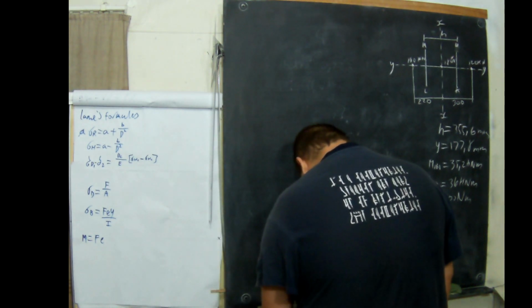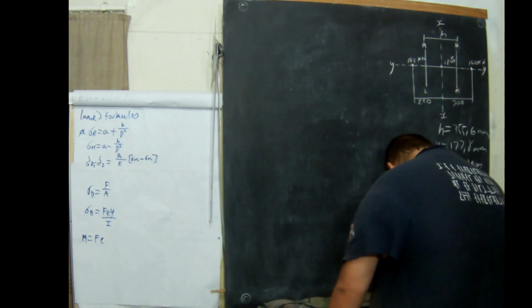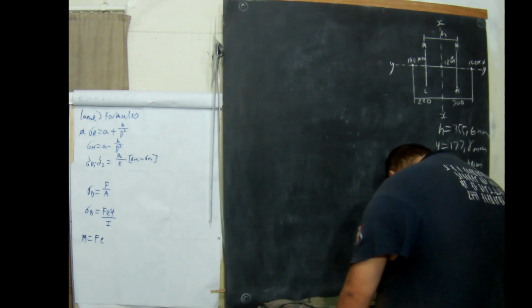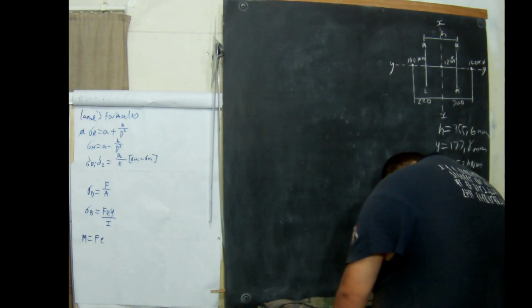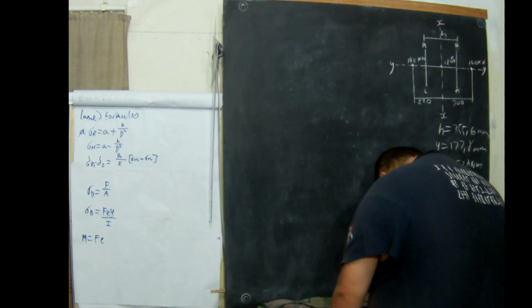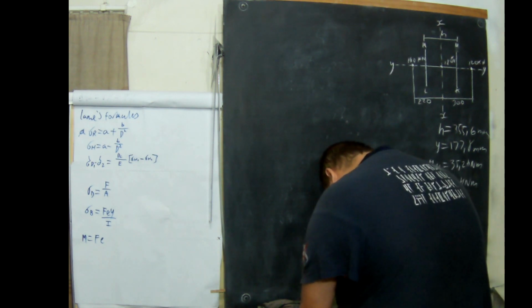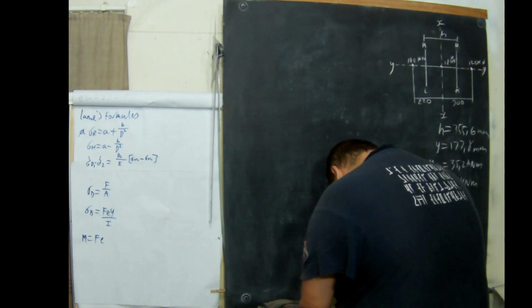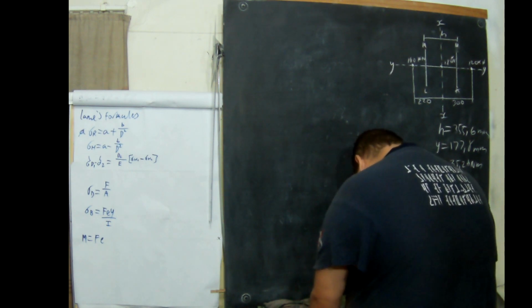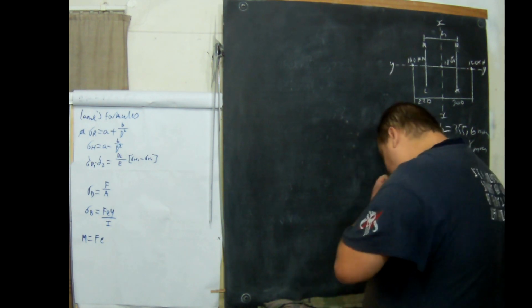We have everything we need, and IX. Look on your table. That's 403 times 10 to the minus 6.